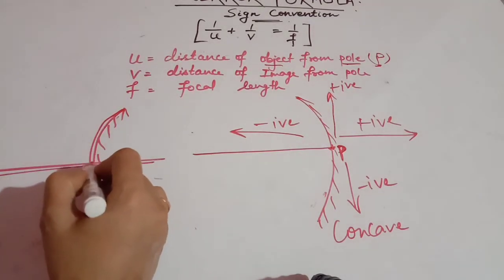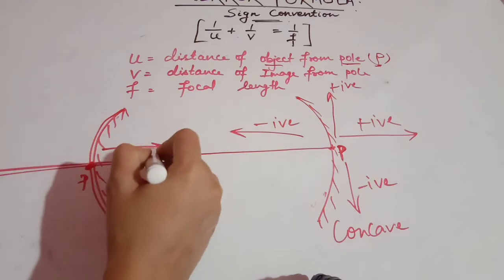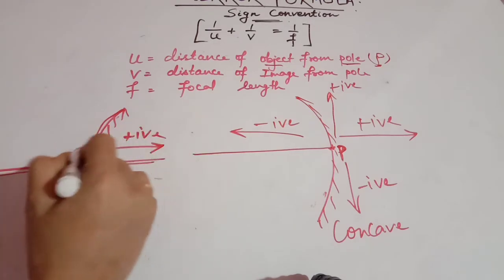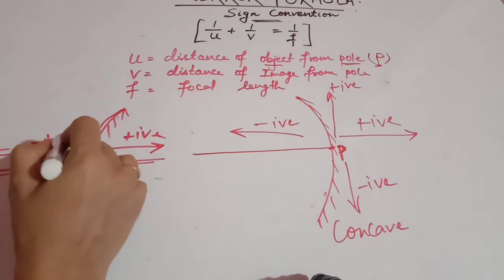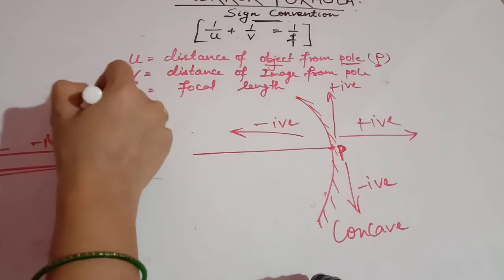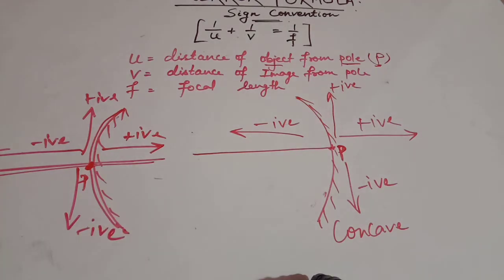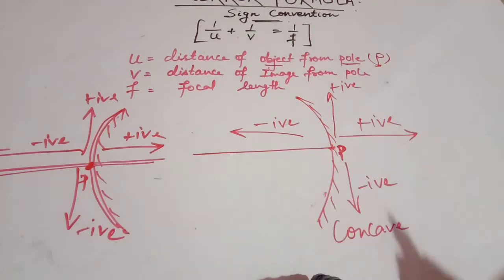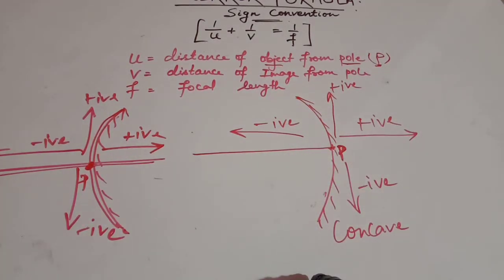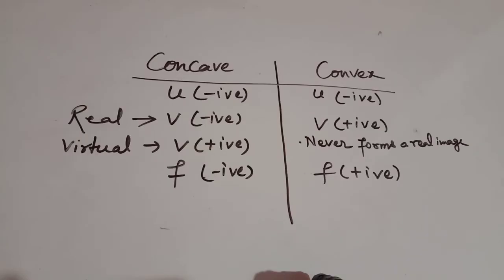So from the pole, the same thing: distance towards the right is positive, distance towards the left is negative. Distance upward is positive, distance downward is negative. So from P you just keep these things in your mind. Now understand all these terms in questions: the concept of right side and left side, upward and downward.